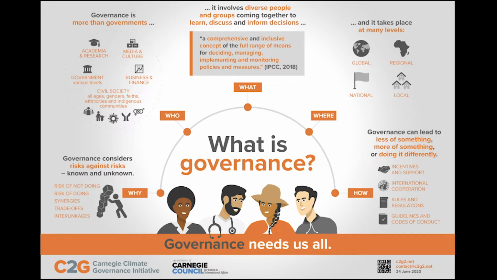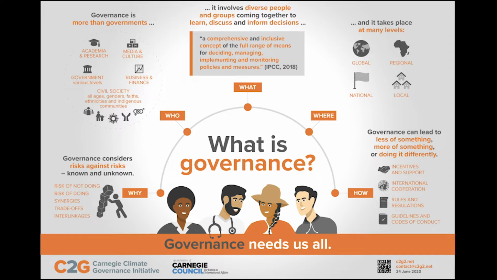This is an infographic we have about governance. Because it's a very broad concept, it's more than governments. It involves lots of actors from all sorts of backgrounds: academia, media, government, business, civil society. It involves lots of diverse people and groups coming together to learn, then discuss and take decisions.